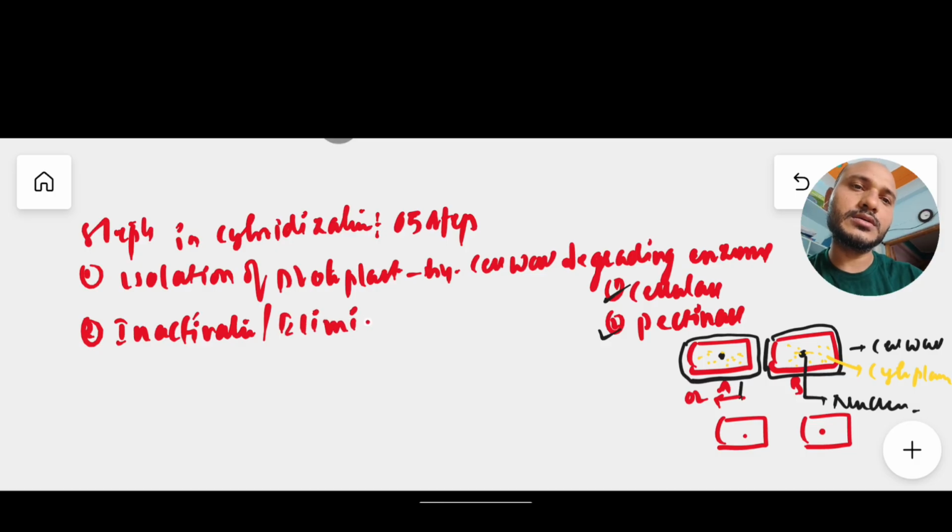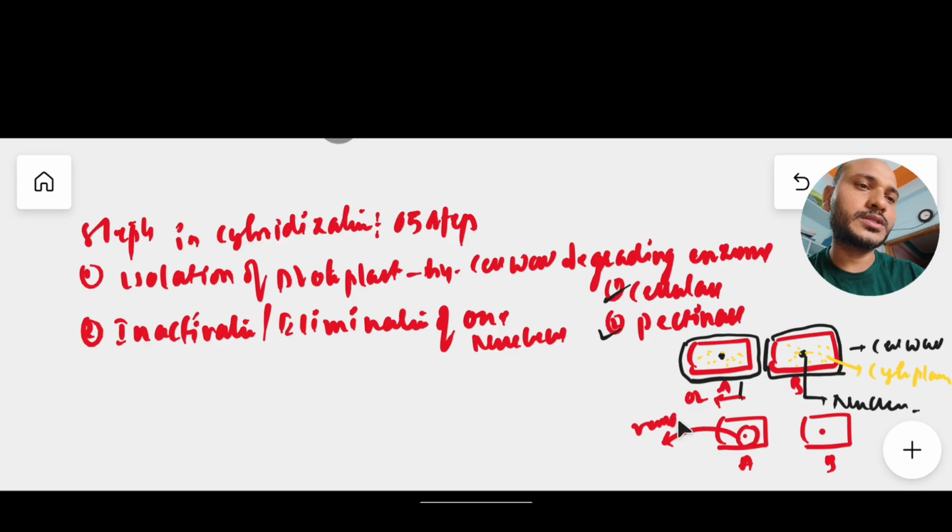Inactivation or elimination of one nucleus, from any one of the parents or any one of the species. Here, for example, if you think of A species and B species, we can remove the nucleus from A species. So, removal of the nucleus from species A. This inactivation or elimination of the nucleus is done by a method called the irradiation method.